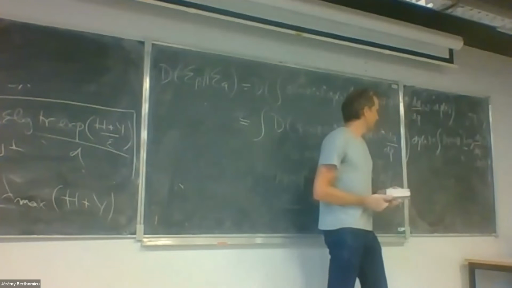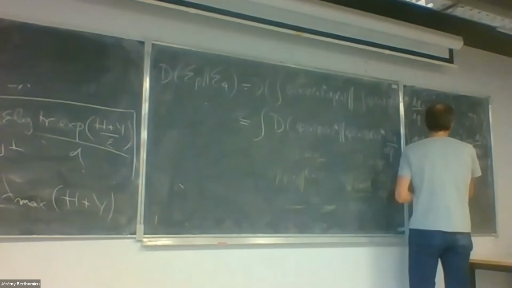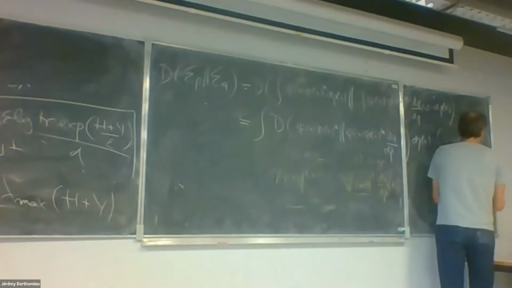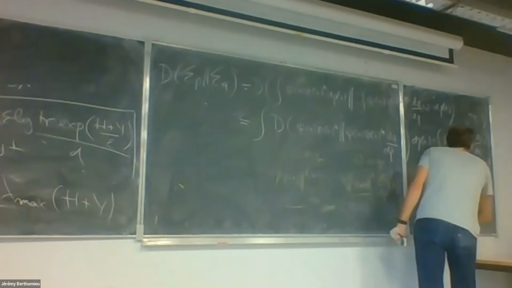Now I can use the fact that P of x has norm less than 1. And this is less than the integral of the log of dP over dQ of x, dP of x, which is exactly the same divergence, equal to D of P.